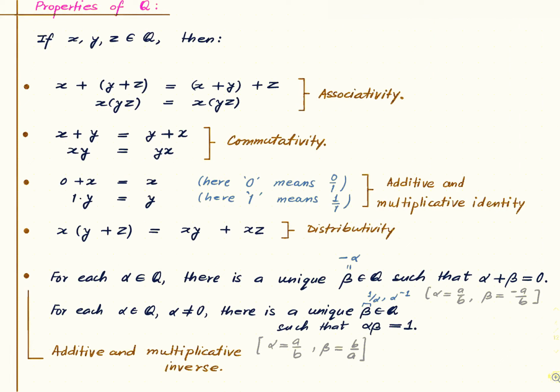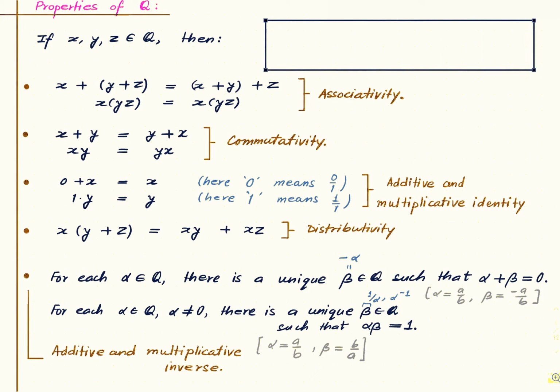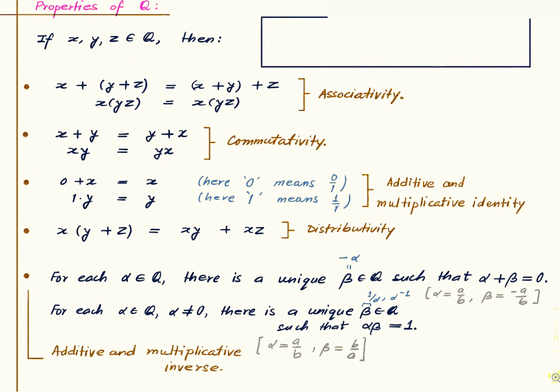All right. Maybe I'll note a small thing here. It's a very small fact. So note that every alpha in Q, meaning every rational number, can be written as a by b for some b greater than 0, where b greater than 0.